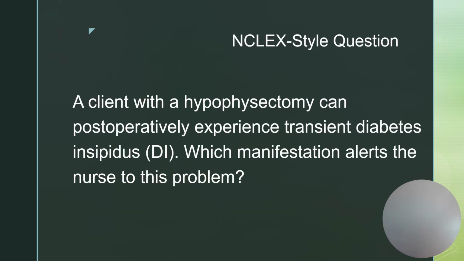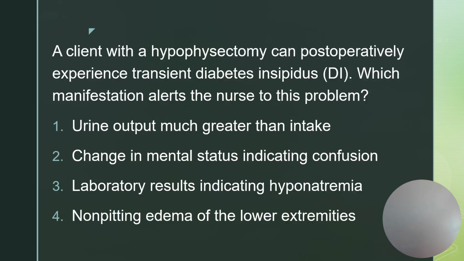We have a client with a hypophysectomy, and we know that postoperatively they can experience transient diabetes insipidus. Which manifestation would alert the nurse to this problem? What is this question asking? Basically, what are the symptoms of DI? Is it urine output much greater than intake?